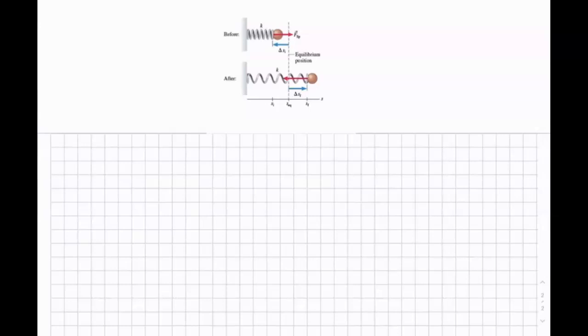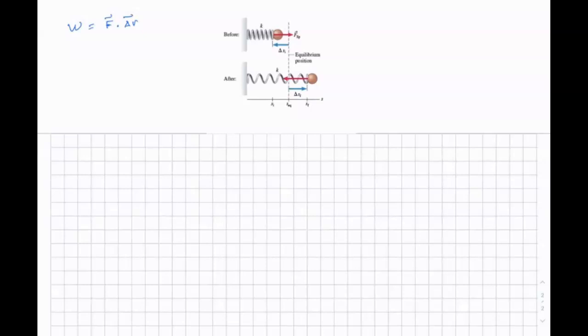When we defined work in class, I said the work is equal to the force acting on an object dotted into the displacement. But this definition is only true if the force is a constant force.